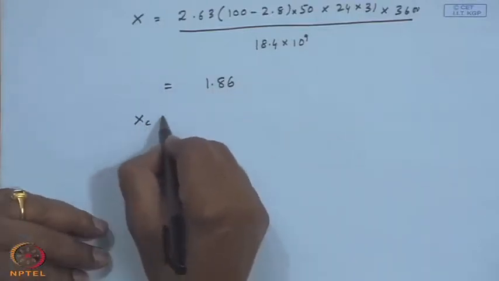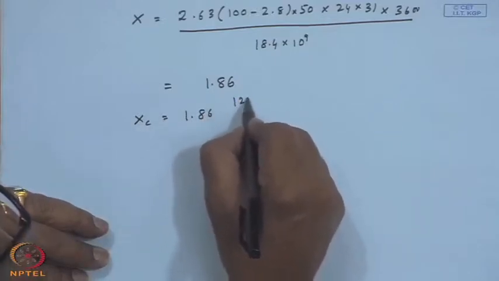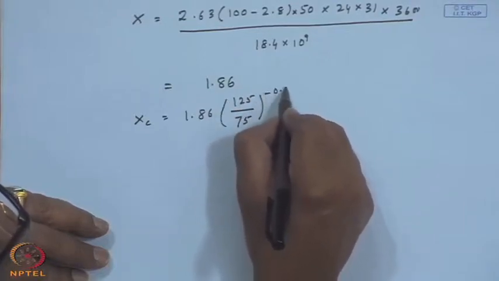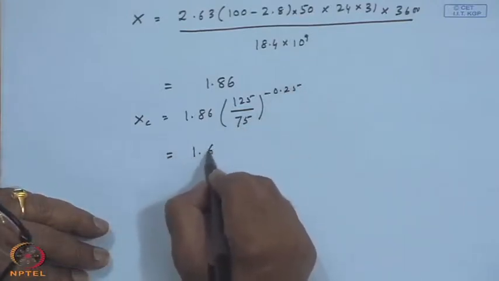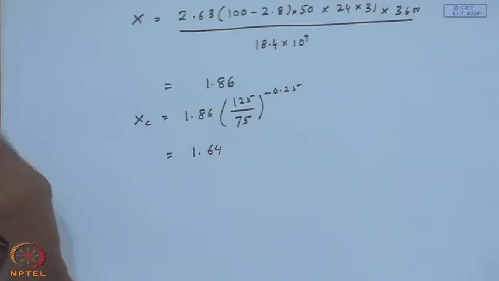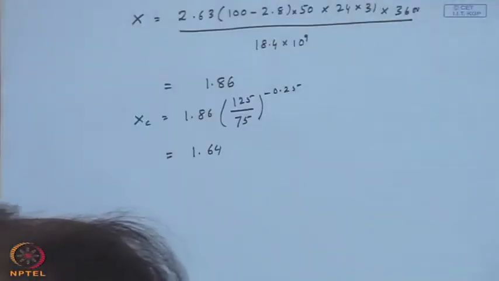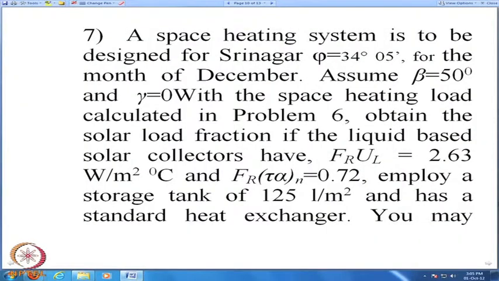So, X c will be 1.86 times 125 by 75 to the power minus 0.25, which will be equal to 1.64. So, larger storage leads to a smaller X c, which basically means a lesser loss and hence a higher solar load fraction, which can be easily understood because we have got a larger storage. So, there will be more storage.